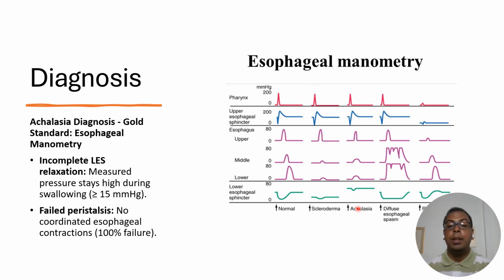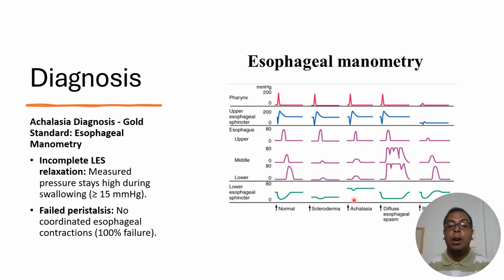But what happens in achalasia, this relaxation does not occur, and the pressures in the lower esophageal sphincter stay high. So as a result, the sphincter doesn't relax, and food remains in the esophagus. So if we see a tracing like this, we would be able to make the diagnosis of achalasia in that patient.